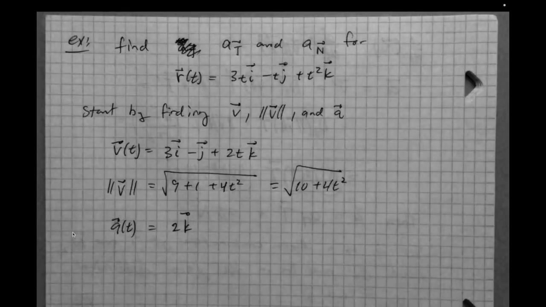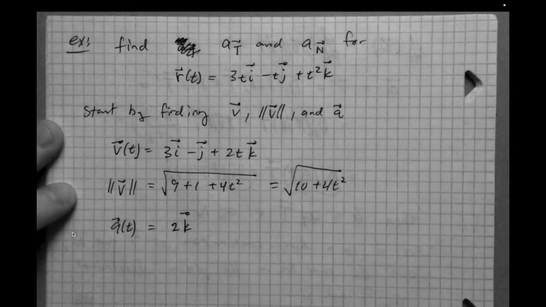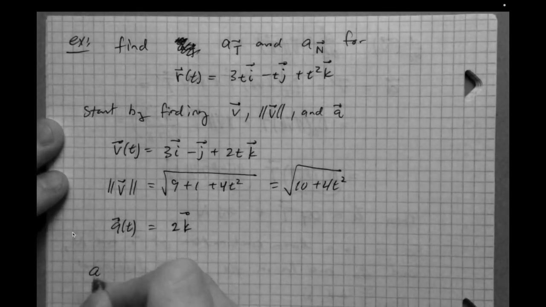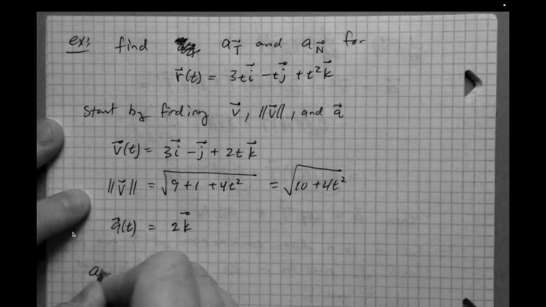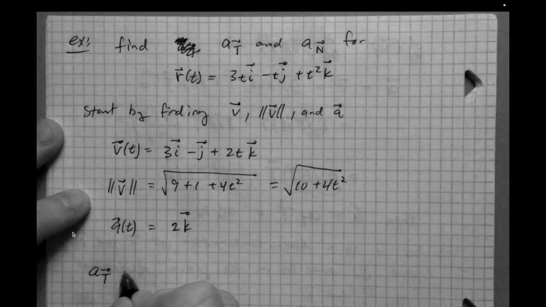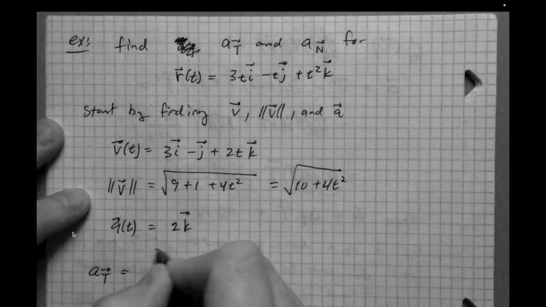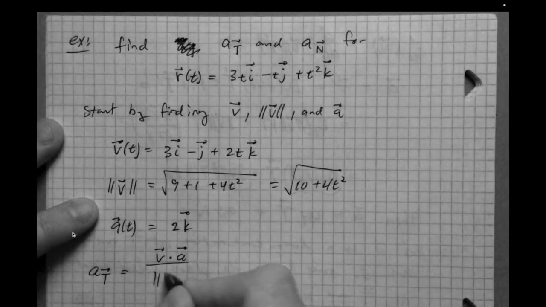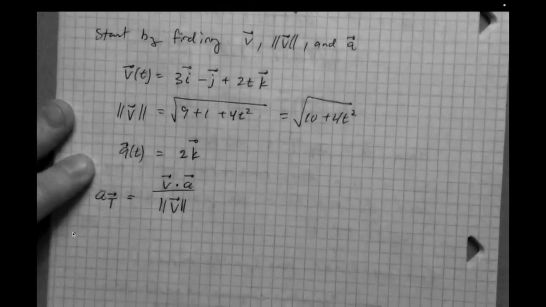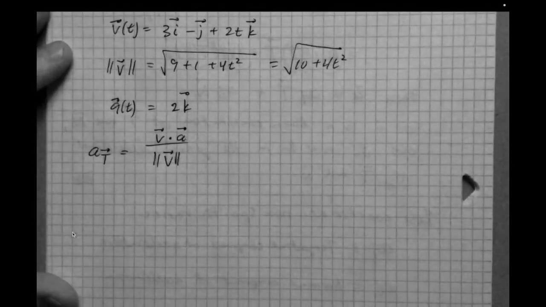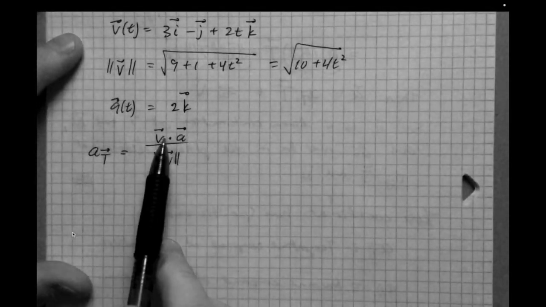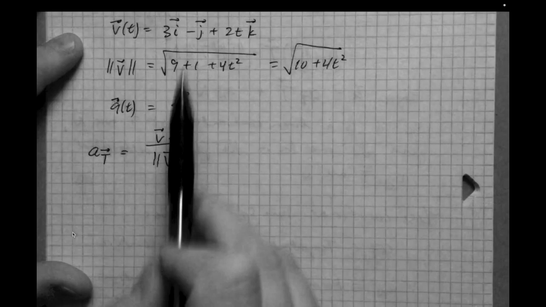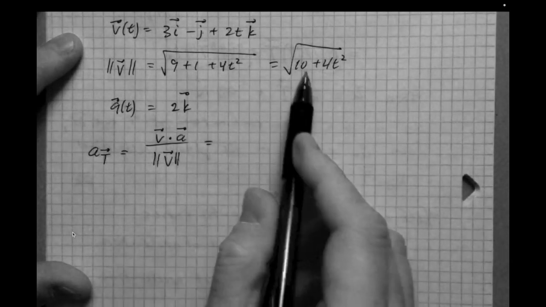All right, so by the previous theorem, there were several ways to do this, but the way we're going to do it is to identify the tangential component using v dot a divided by the norm of v. So we take a dot v and divide by the norm.